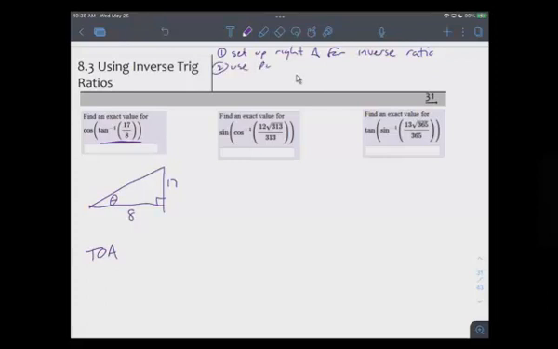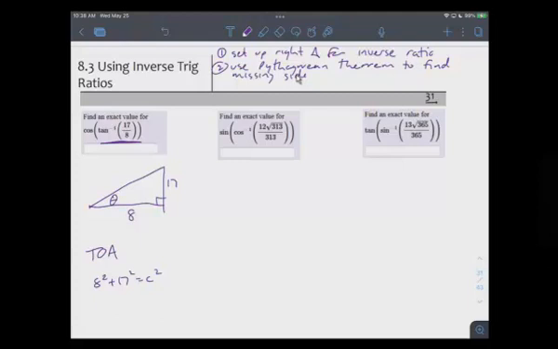You can then use the Pythagorean Theorem to find your missing side. Okay, and so here I would use the Pythagorean Theorem, 8 squared plus 17 squared is equal to c squared.